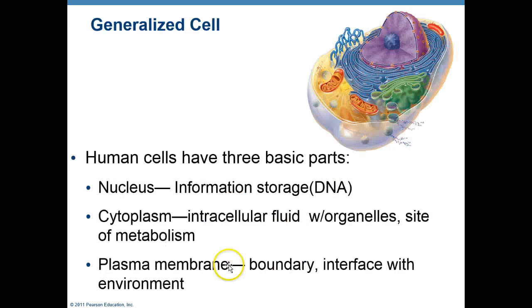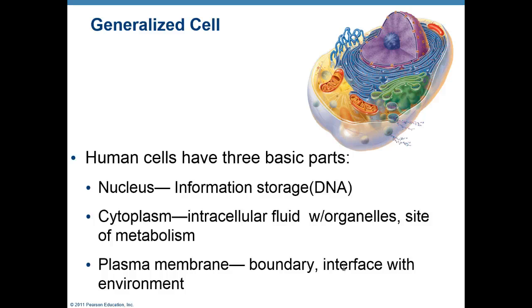And then the plasma membrane is two things. One, it's a boundary, just like your laptop case is a boundary. It keeps dust outside and protects all the parts on the inside. Your cell membrane does that. But it's also the interface with the environment.